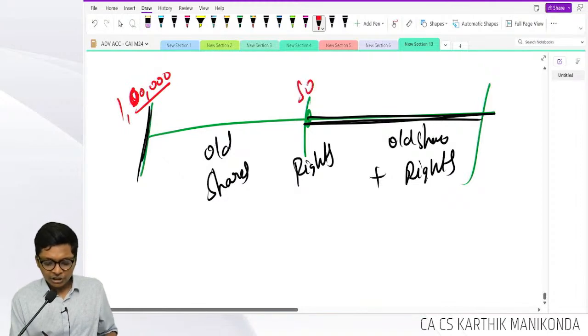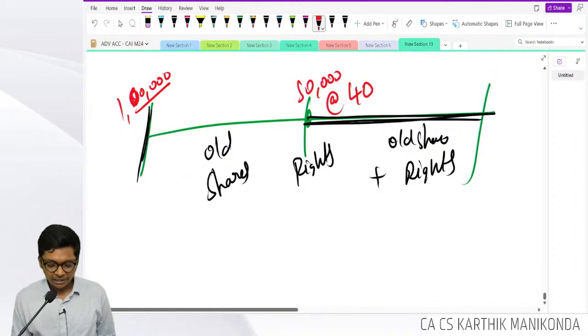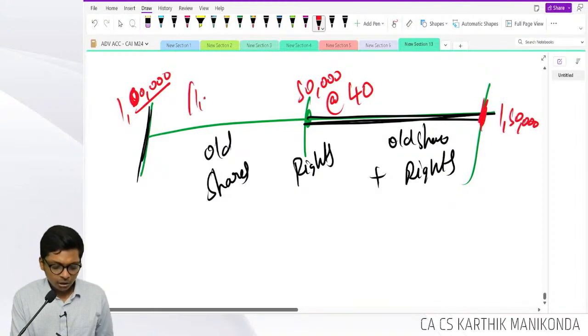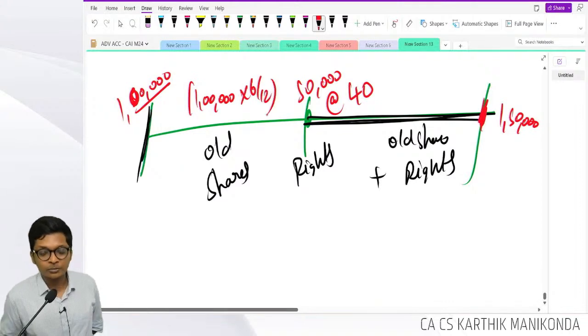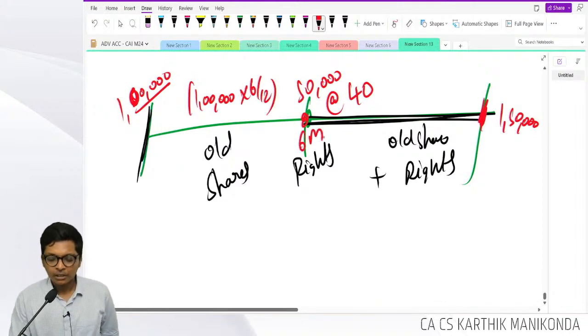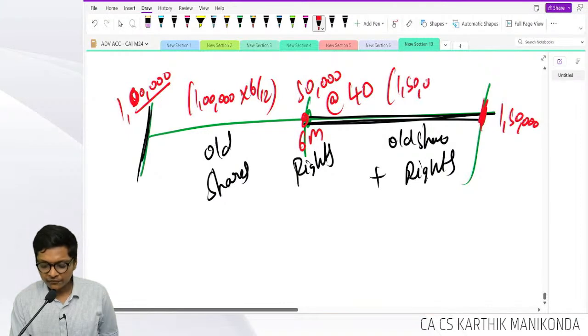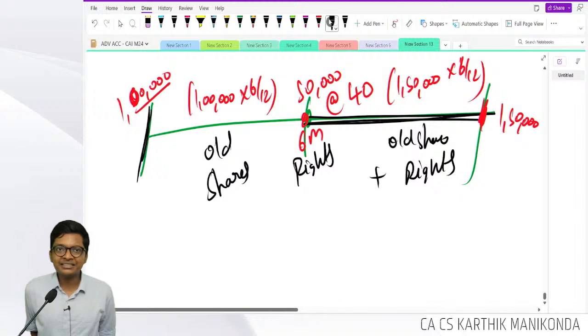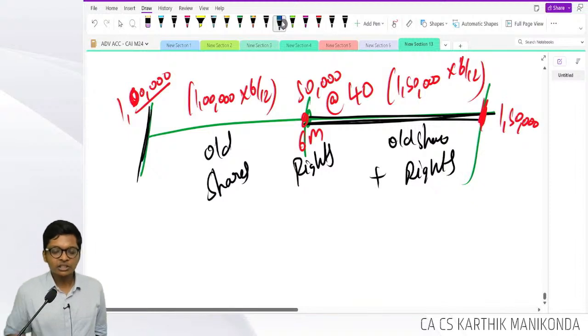Middle of the year I issued 50,000 shares at rupees 40 per share. End of the year I have 1,50,000 shares. Normally how do I compute WANS? 1 lakh into 6 by 12, middle of the year assume 6 months, done. So end of the year 1,50,000 into 6 by 12. So first 6 months, next 6 months, finish, proceed.